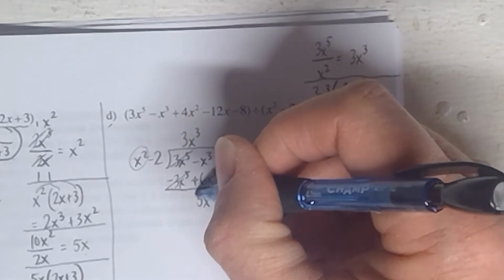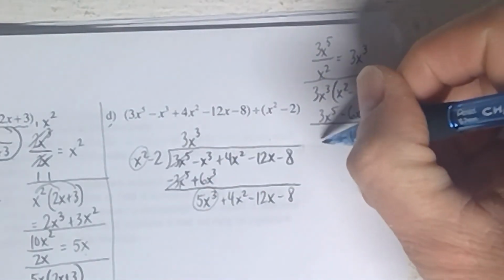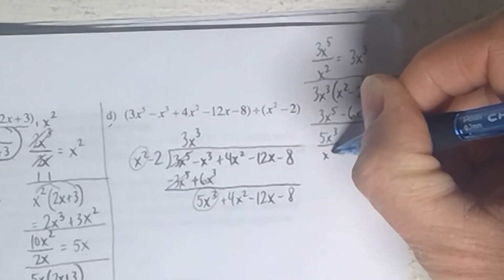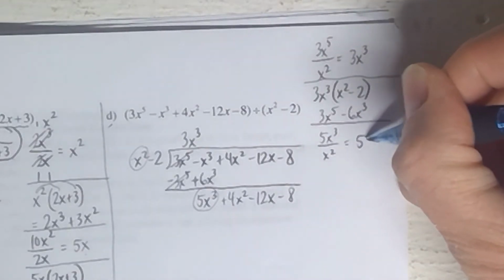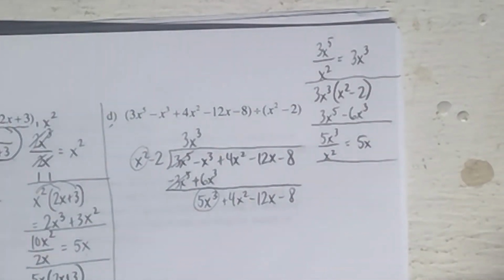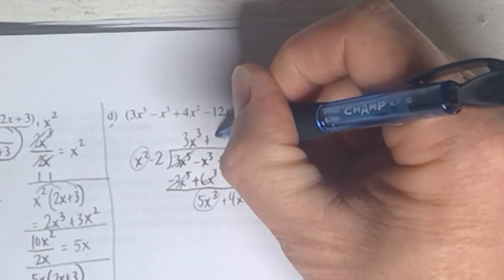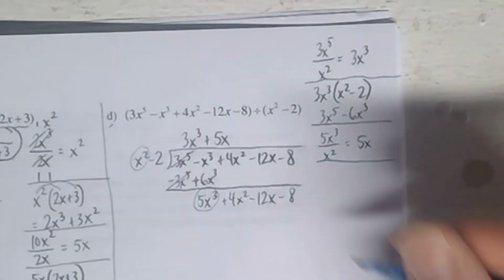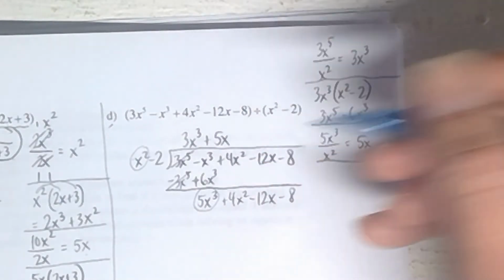Then we've got to divide 5x to the third by x squared. That's going to end up being 5x when you do the normal reducing to lowest terms. Since that's positive 5x, I bring that up, and you've got to say plus when it's positive.